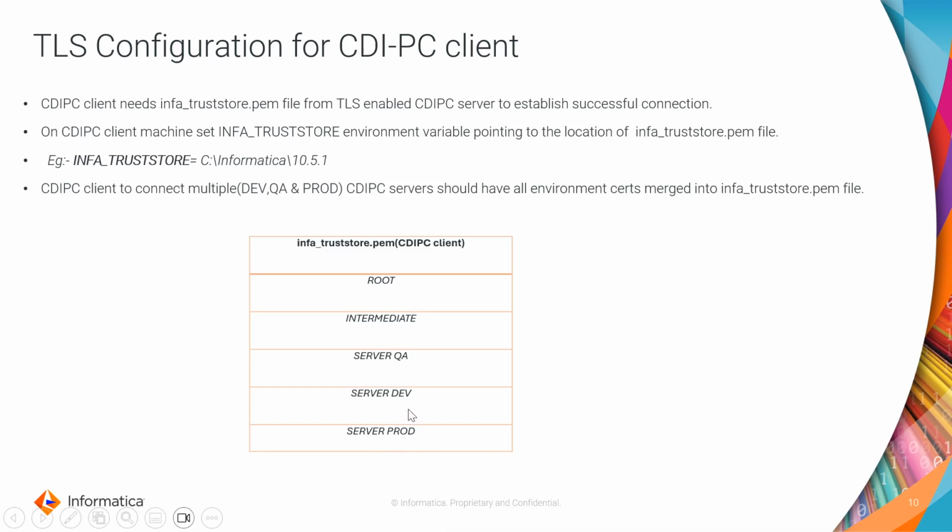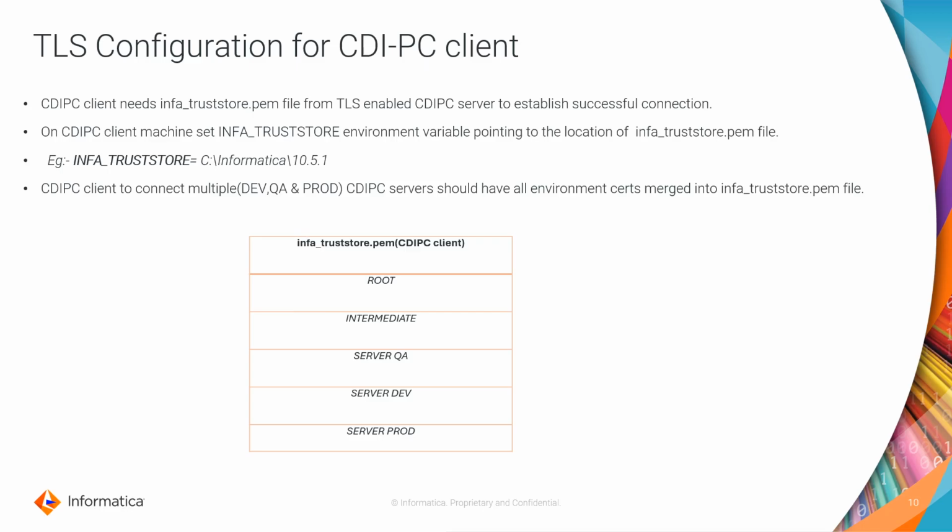Once the certificates are appended successfully, save the infra_truststore.pem at the client side, and after that just stop and start the client again. Once the client is restarted, we can successfully connect to all three TLS enabled CDI-PC domains from the single client.